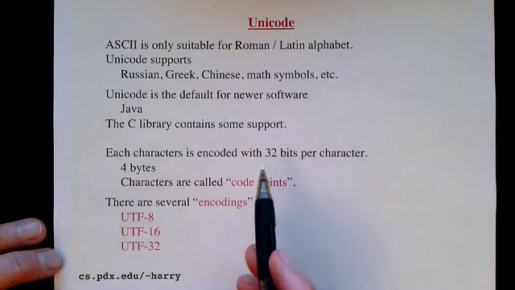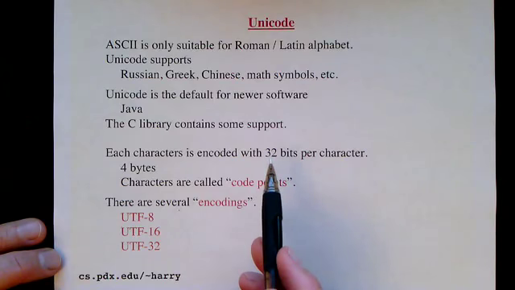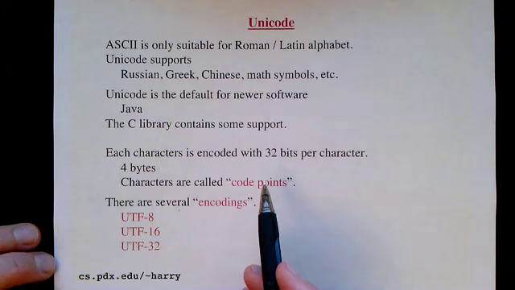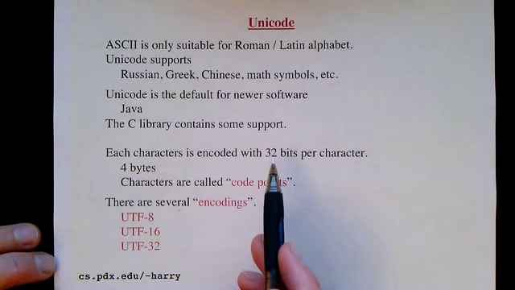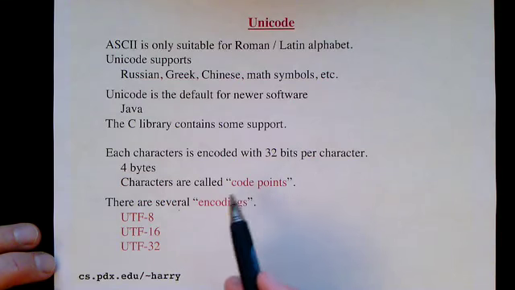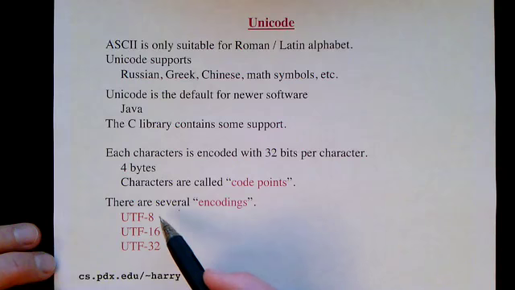The problem with Unicode, as I've described it so far, is that each character takes 4 bytes. In ASCII, we can store each character in 1 byte, and that's fairly efficient. We would like to store Unicode characters more efficiently. We don't want to waste 4 bytes for every character. So we have some more optimized encodings. In particular, we have UTF-8 and UTF-16.